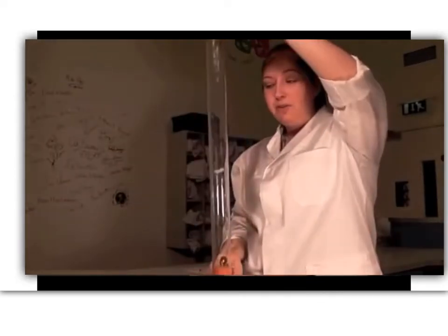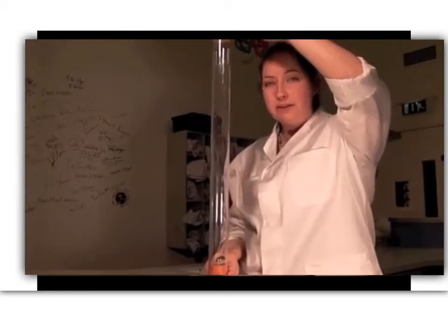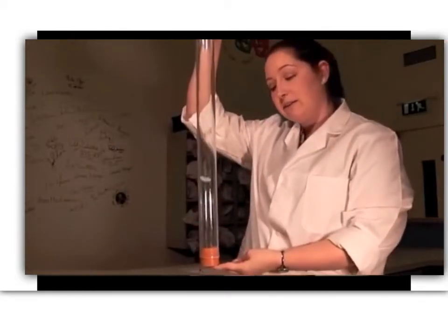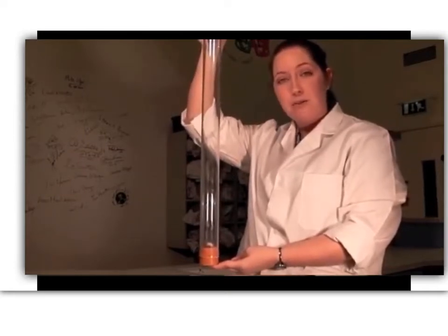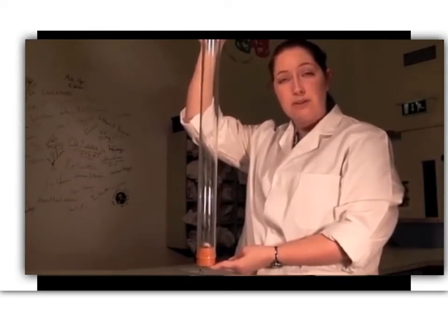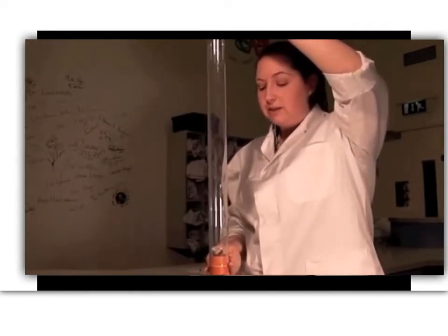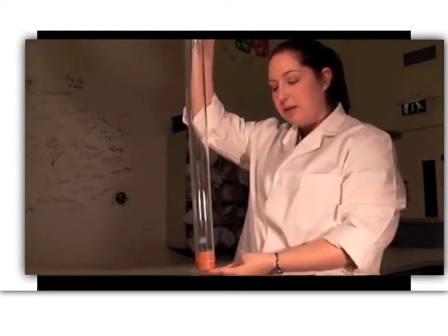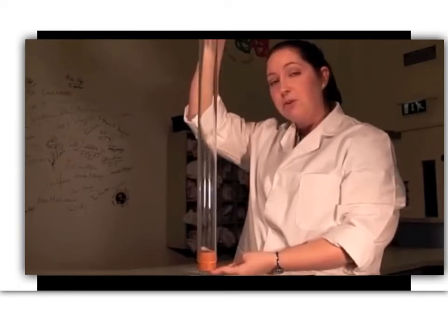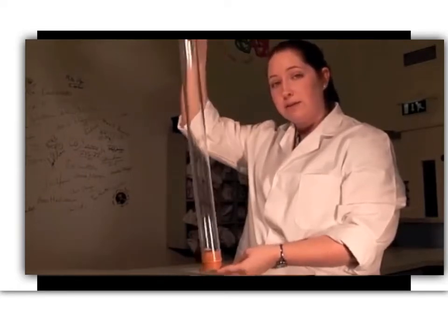And this stuff pushes up on the feather and the coin. This is what we call air resistance. Now, air resistance has two factors. One, the mass of the object, and two, the surface area of the object. So our feather is very light. It has a small mass, but a very large surface area. So that means it falls slower due to air resistance than the coin does.